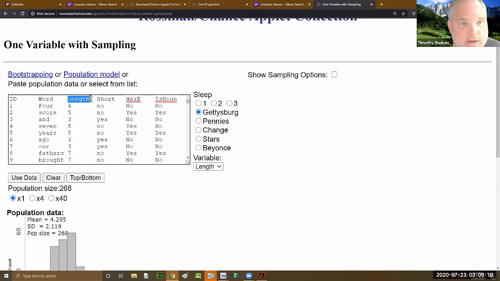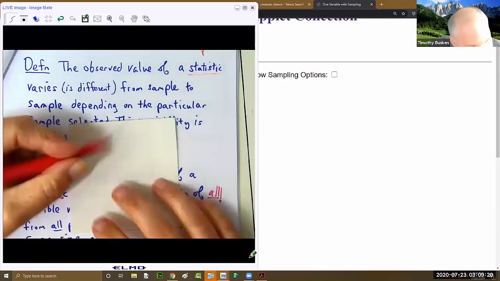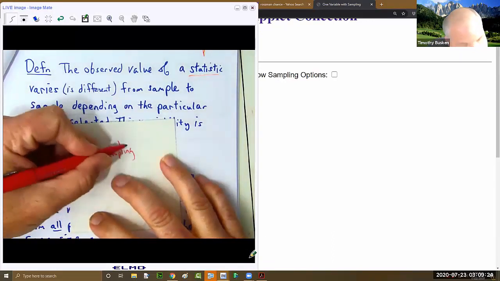If we could get all of the possible samples of size 20 and all of those possible sample means, we would be getting what's called the sampling distribution, or the entire collection of X bar.